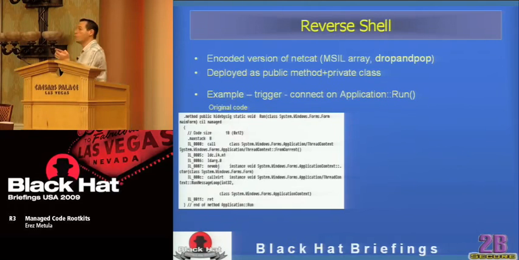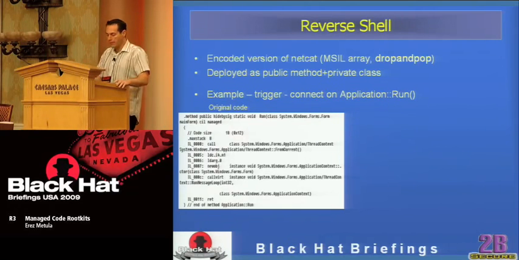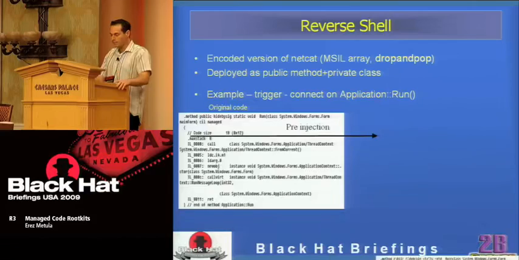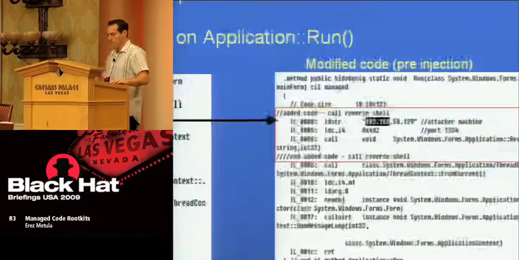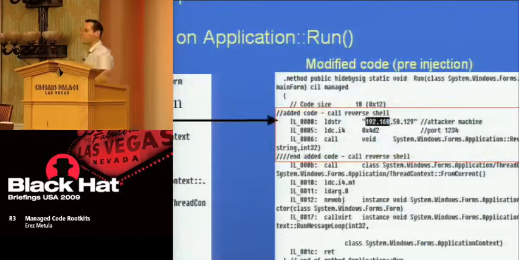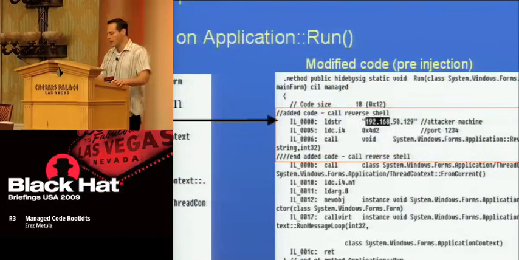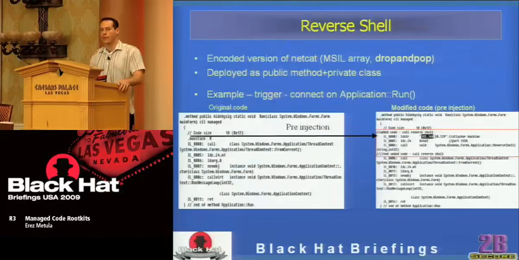So I've injected it into the run method. And the injection occurs over here, and it looks something like this. This is the code that will execute and open a reverse shell to the attacker address, to the attacker port, and basically call my method. We'll see an example of this later on.